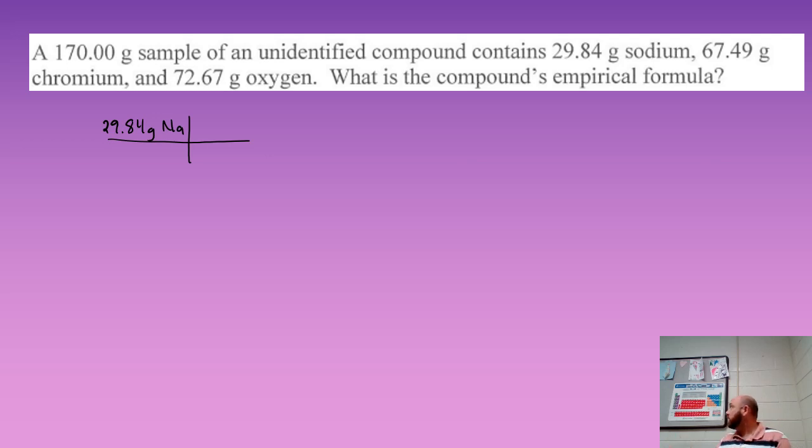And I will see that sodium has an atomic mass of 22.99. So 1 mole of sodium is 22.99 grams. And so I can see that the conversion here tells me to divide 29.84 by 22.99.